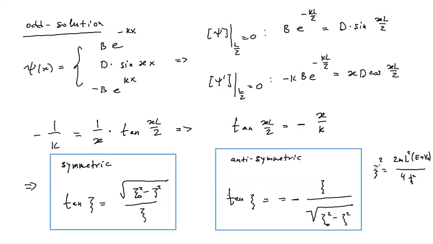What can be the smallest value for xi? I can move energy down and make it as small as possible. What is the smallest energy I can have? Remember, what was the lowest energy?